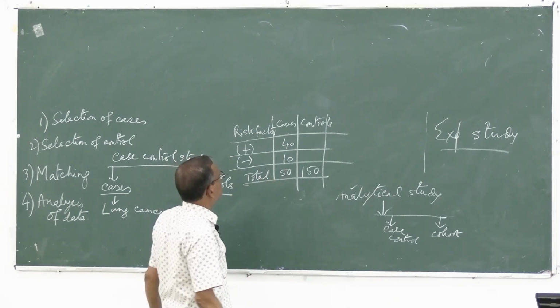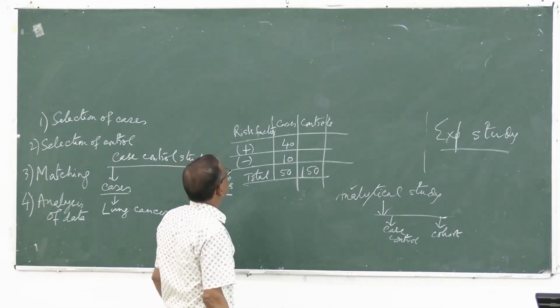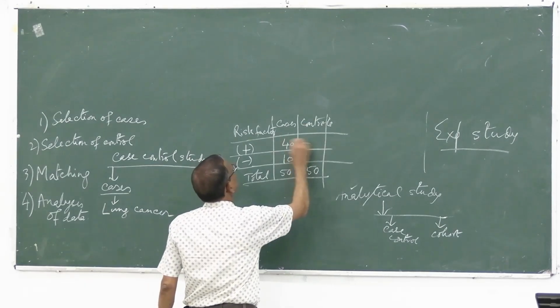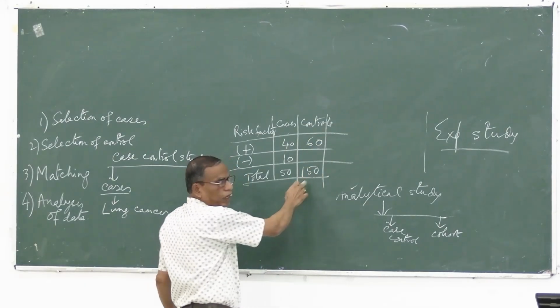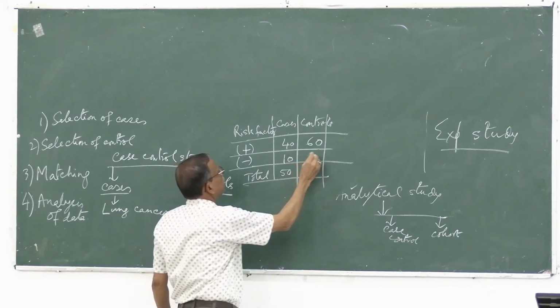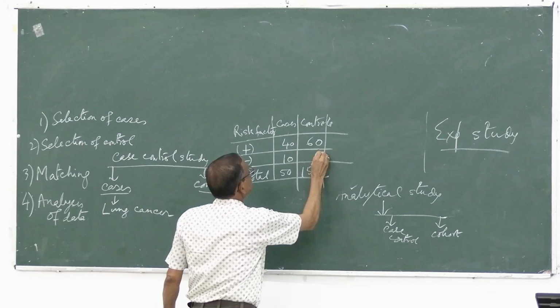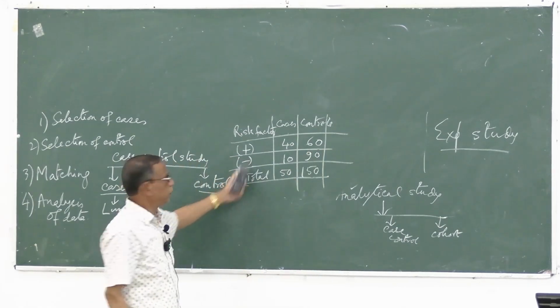Here, out of 150, say history of smoking among the 60 persons, out of 150, 60 people are smokers and 90 people are non-smoker.